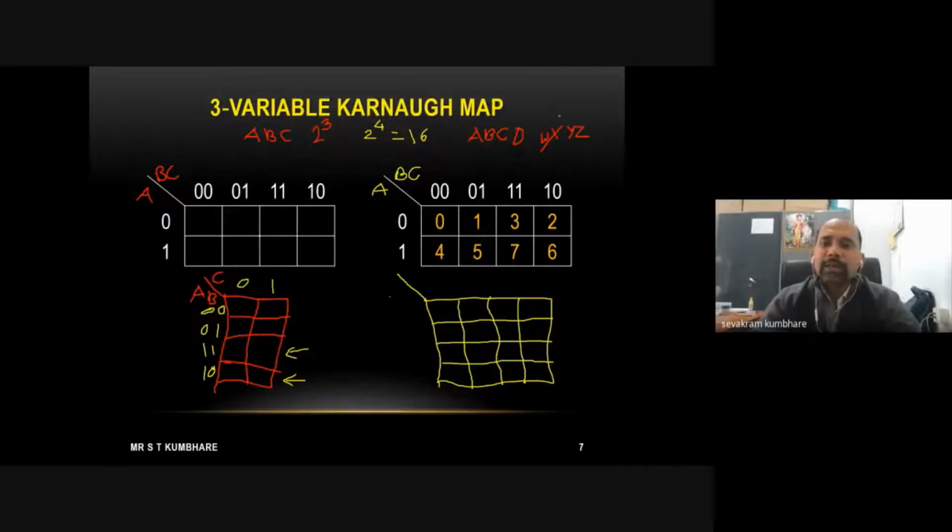So let us say I'm considering W, X, Y, Z. This is W, this is X, this is Y, and this is Z. Now we have to name this. How to name it? 0, 0, 0, 1, 1, 1, 1, 0. This is 0, 0, 0, 1, 1, 1, 1, 0.